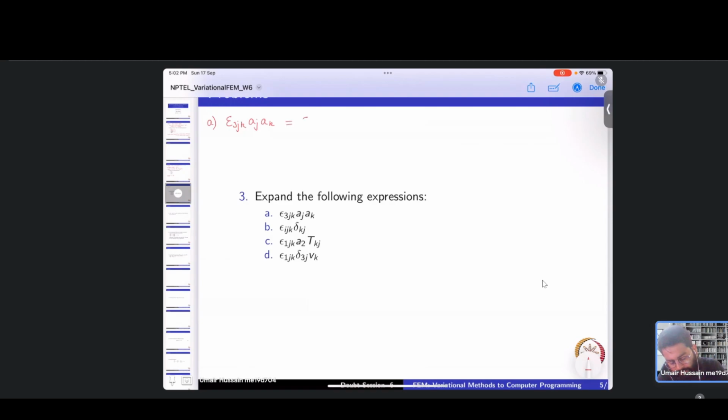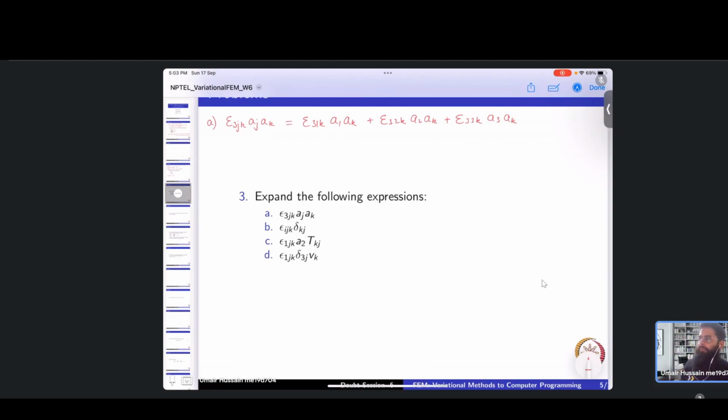So we have epsilon 31k a1 ak plus epsilon 32k a2 ak plus epsilon 33k a3 ak.